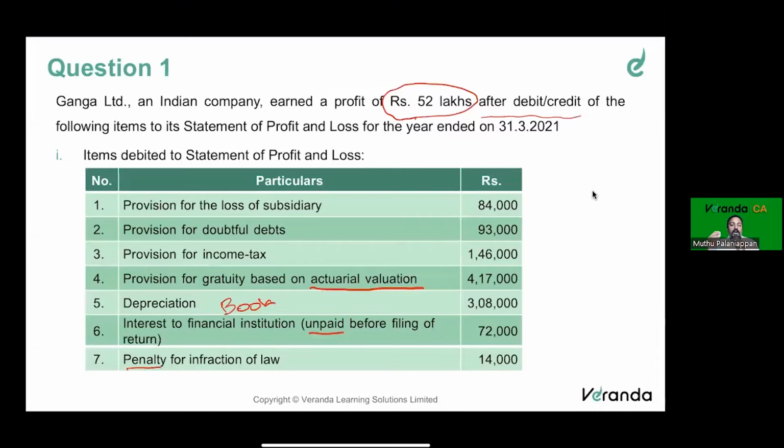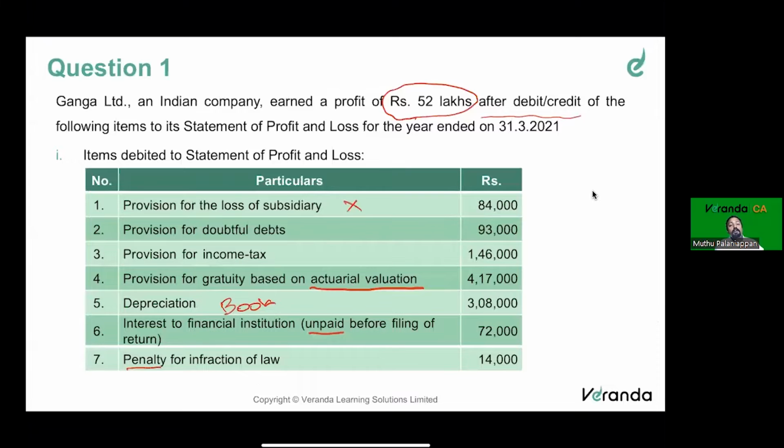Wherever there's a notional loss or notional income of a subsidiary entity, that is not an allowed expenditure or income under section 115 JB. So probably we'll have to add it back. It's already debited, and we are going to add it back.